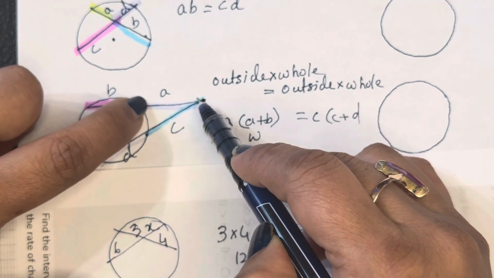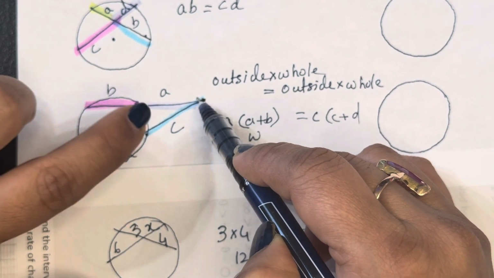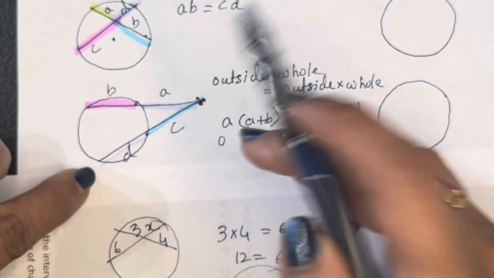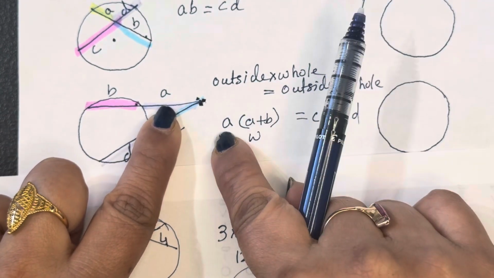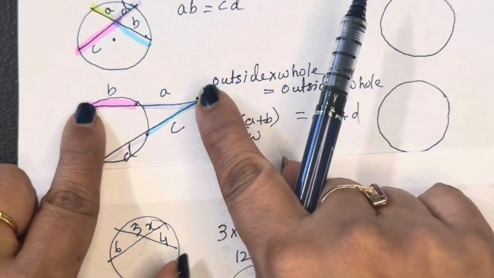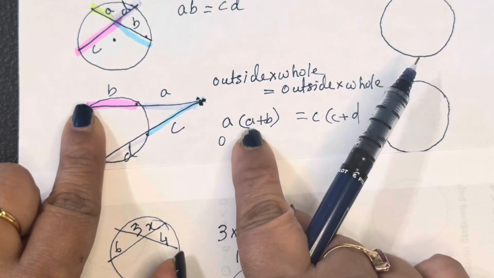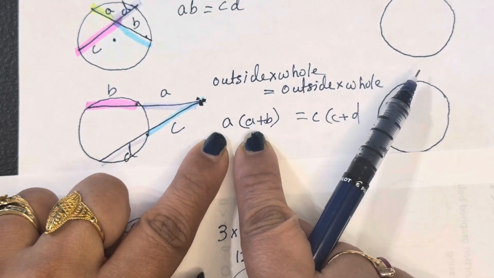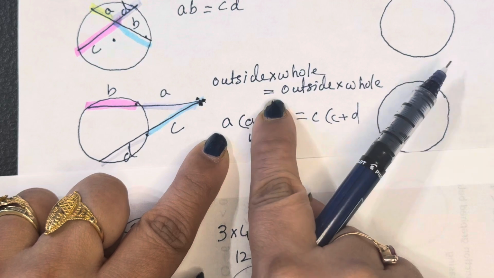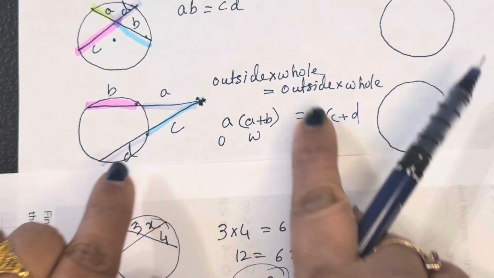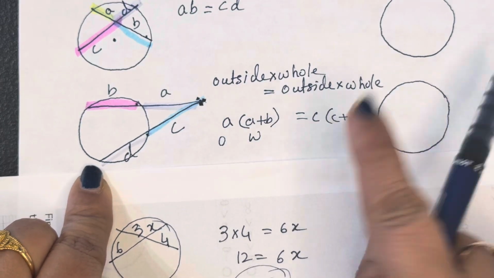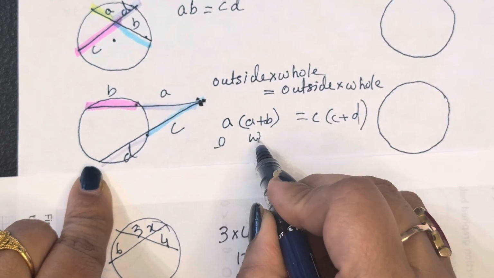It is like outside times the whole, again outside times the whole. Outside is A times the whole, which means A plus B, is equal to, again outside C times whole, which means C plus D. See, outside whole.